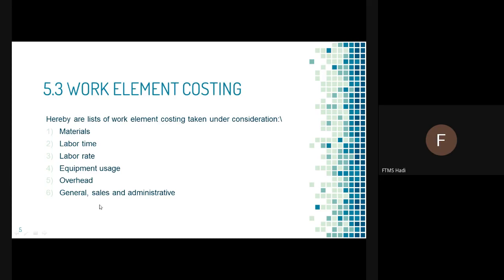And then general sales and administrative, which is more on public expenses; sales is marketing expenses, and administrative is more on the operation side. So as you can see, those six elements are all costs occurring inside the company. That means more on internal costs.